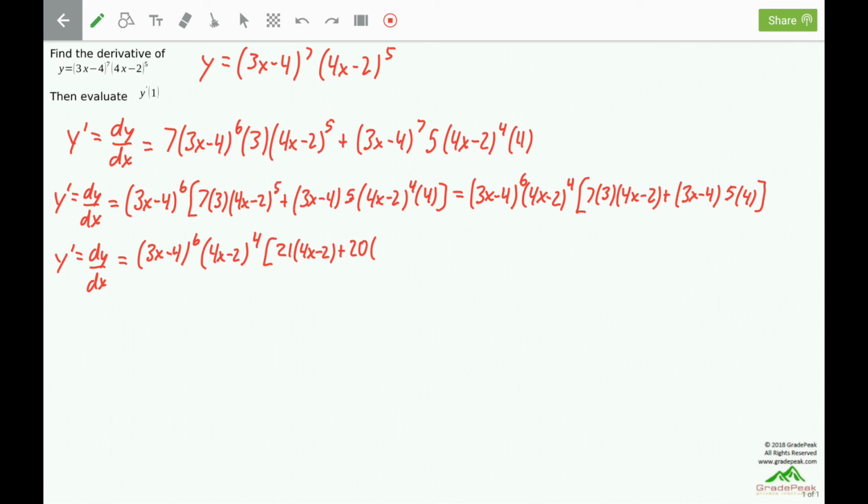I'll just write it first here, into the 3x minus 4. So we have (3x minus 4) to the 6th, (4x minus 2) to the 4th. Distributing 21 in, that'll give us 84x minus 42. Distributing the 20 in, that will give us 60x minus 80.